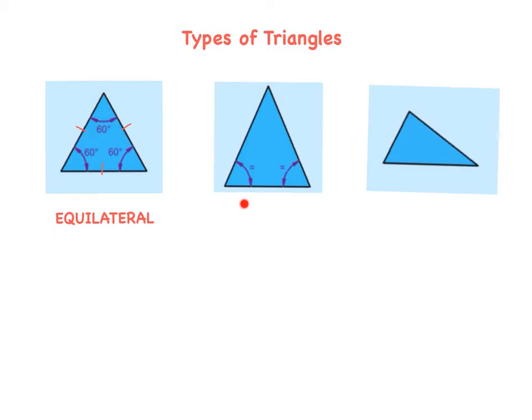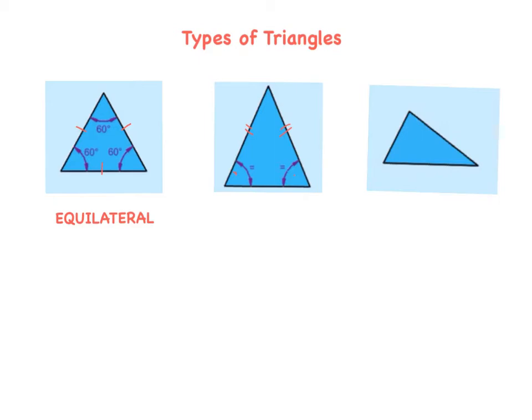That's the next type of triangle, and it has only two sides equal, and we can mark it using two lines, and then these two angles are equal as well. So we can put a little dot in here and a little dot in here.